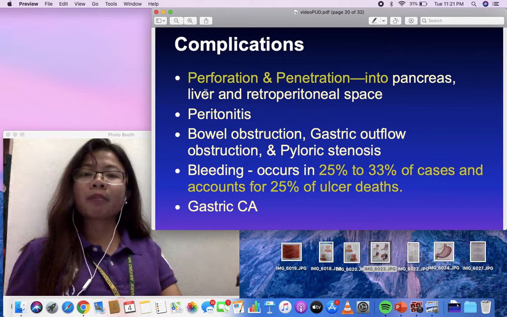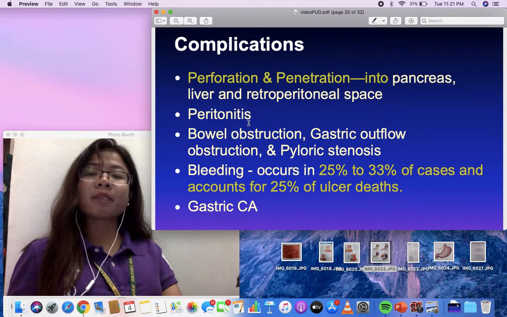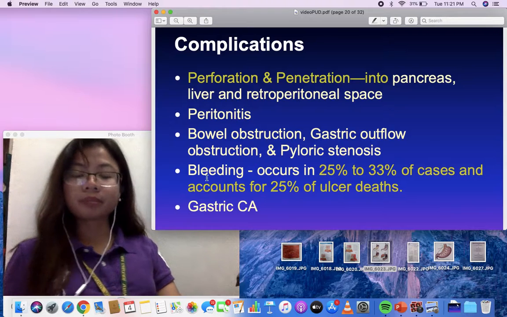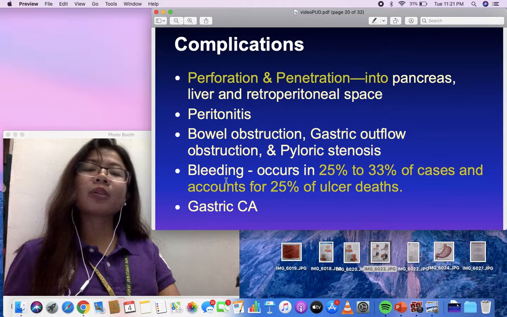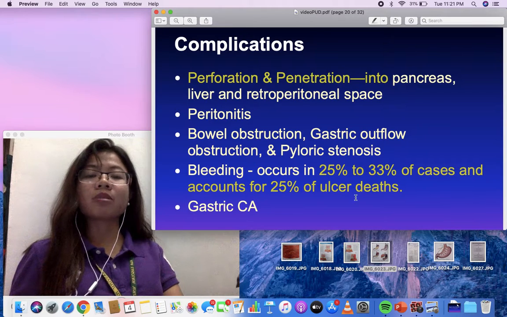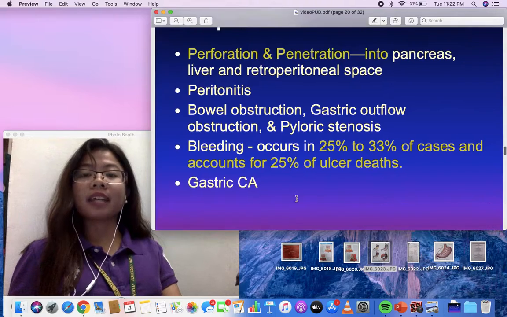First, the perforation and penetration into pancreas, liver and retroperitoneal space, peritonitis, bowel obstruction, gastric outflow obstruction, and pyloric stenosis. Next, bleeding occurs in 25% to 33% of cases and accounts for 25% of ulcer deaths. Gastric CA.